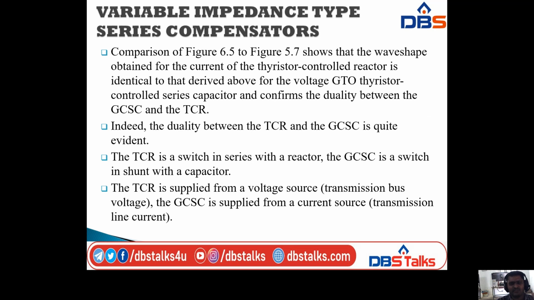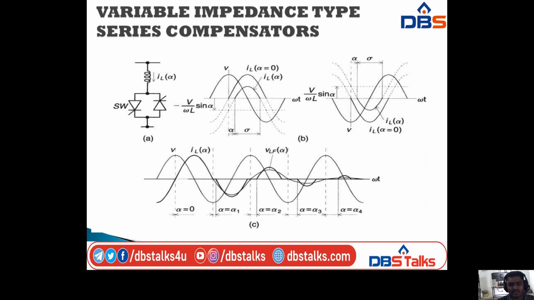In comparison of figure 6.5, that is this one, with 5.7, that is this one, here also we are taking alpha equal to 0 to alpha equal to alpha 4 for the TCR, the delay angle alpha, and in the GCSC we are taking delay angle gamma.